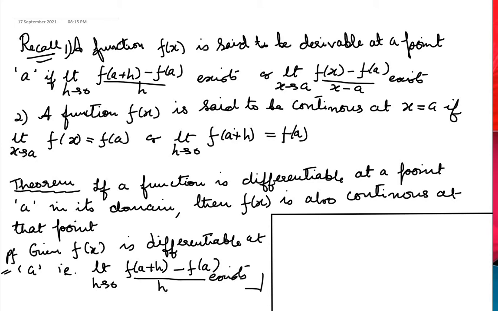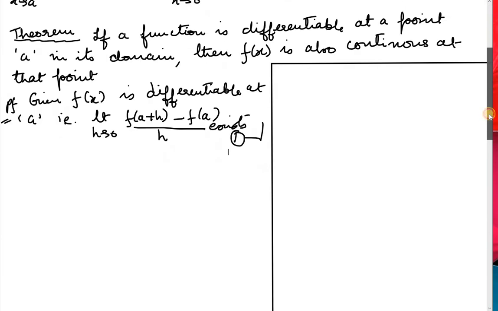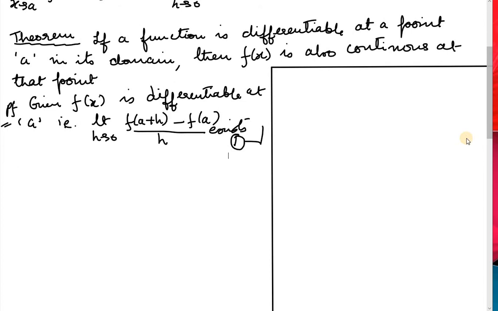Let me name this as equation 1. And we know that the notation for this is f prime of a exists, since f prime of a is equal to the limit as h tends to 0 of f(a+h) minus f(a) by h.